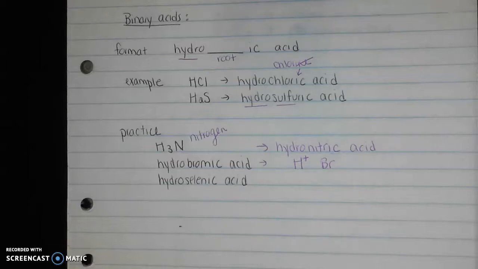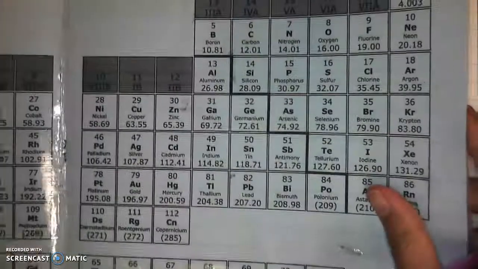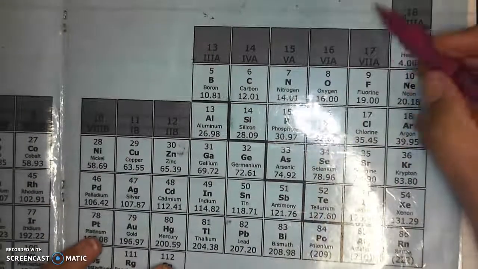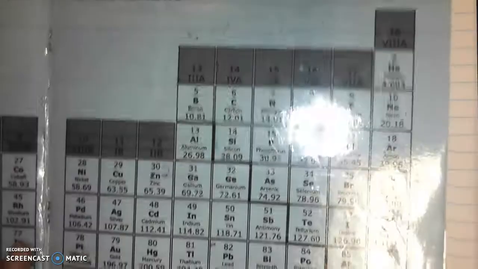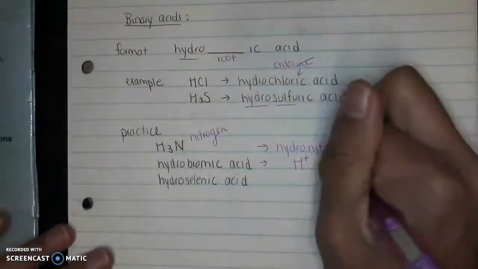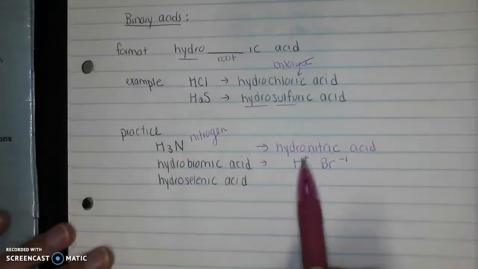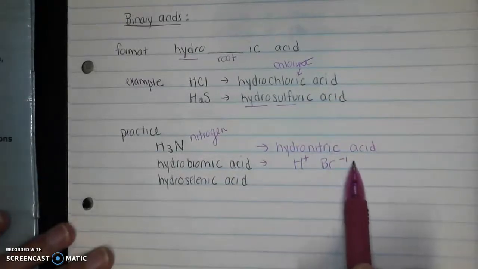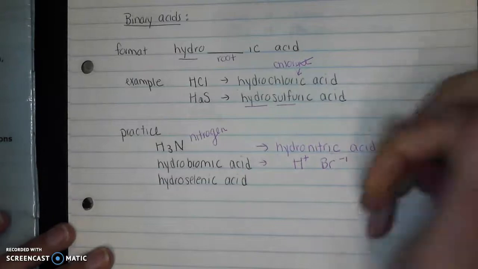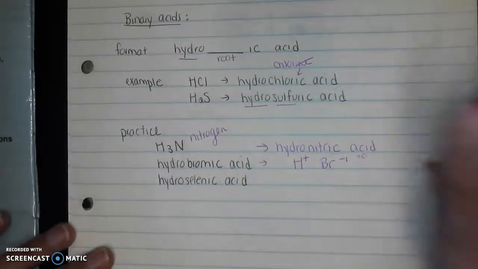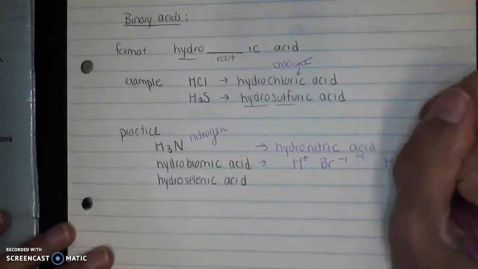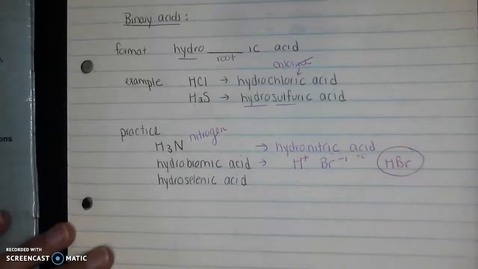If we go to our periodic table, because of the group that bromine is in, remember it has a -1 charge. So hydrogen has a +1 charge, bromide has a -1 charge. If we add those together, it equals 0. So HBr is going to be our formula.